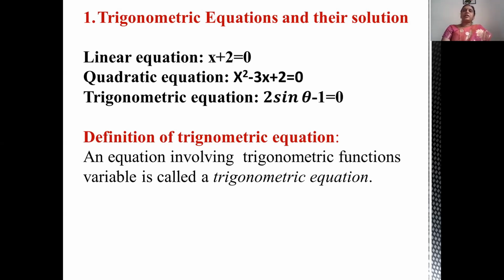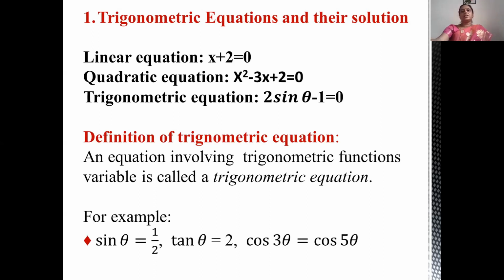See students, here the definition is not important. In the exam, the definition is never asked, but the definition is only to clear the concept. Therefore, don't bother about the definition. Only remember that if in an equation the variable x is replaced by a trigonometric function, then it is called a trigonometric equation. It is very simple.